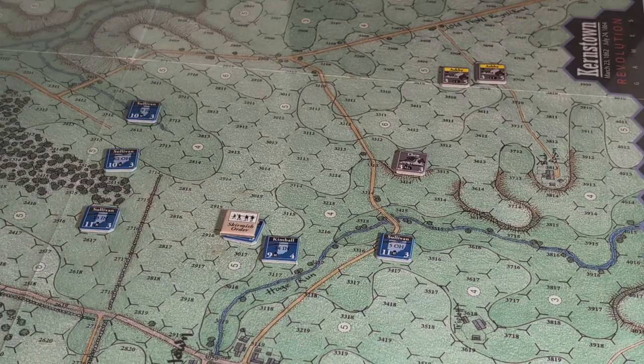What does that cost? Okay, so they pay 2 movement points at the start of his movement step.